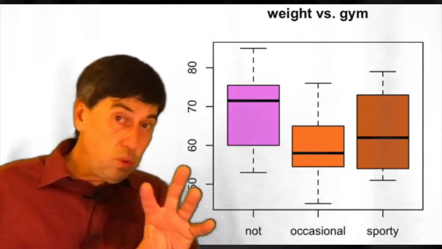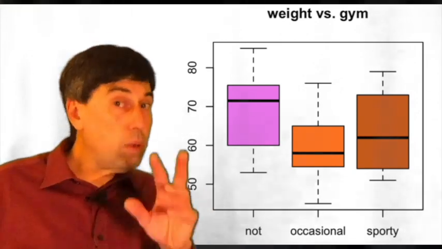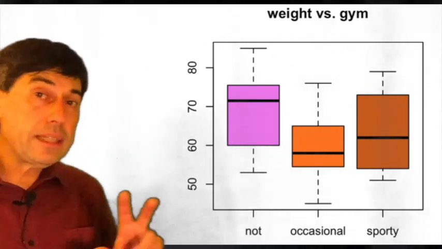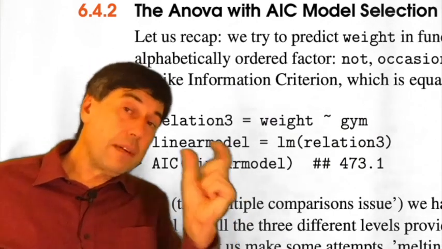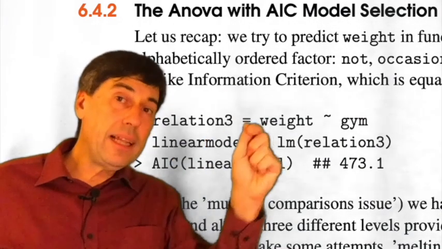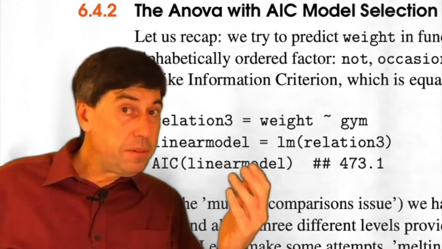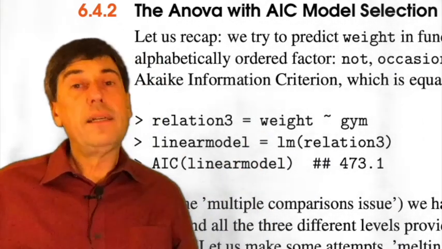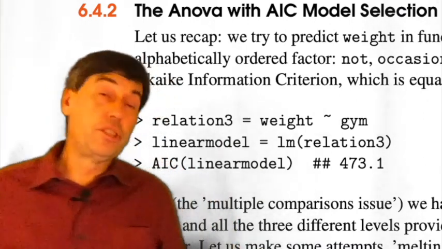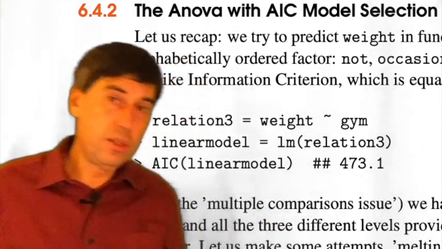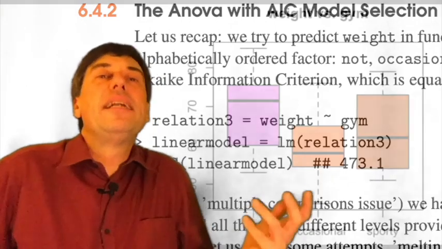Now let me move to R, or to R commander, in order to show that if we put a relation, the weight against the gym, the physical activity, and we perform the linear model computation, we obtain for sure a significant p-value, which means that okay, there is a difference.